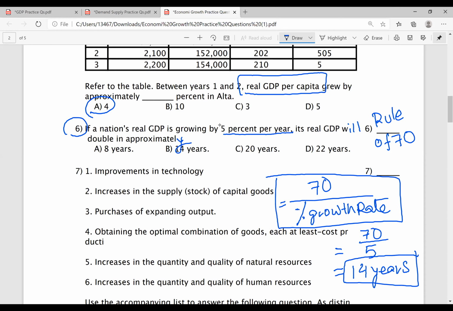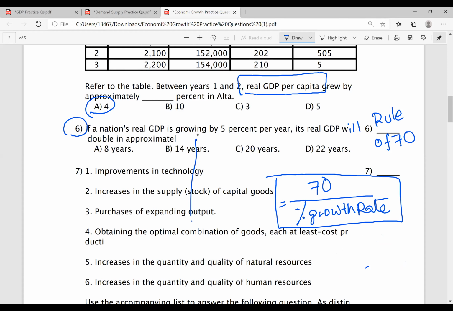If instead of 5, the question asked me if the GDP was growing at 10%, what would your answer be? I would say it's just 70 over 10, that's 7 years. This is the rule of 70. It might seem like something new, but it is as simple as possible.